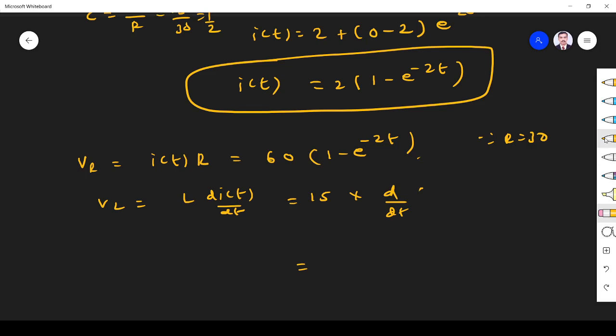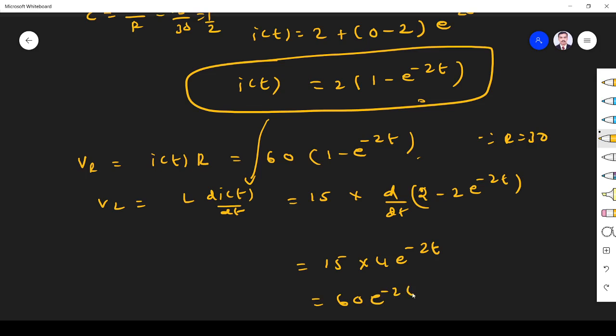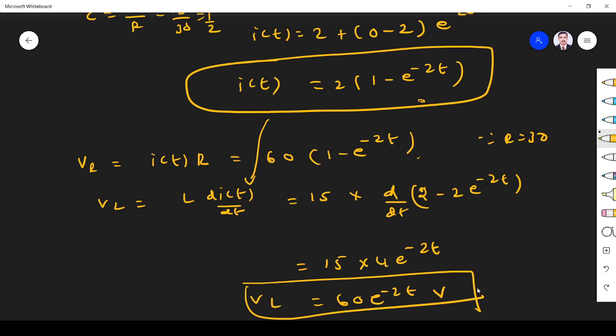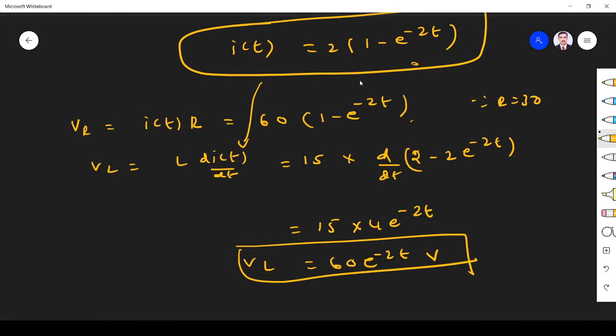So di of t by dt is 2 into, the differentiation of 2 will be 0, so it is 4 into e power minus 2t. So 15 into 4 gives 60 e power minus 2t volt. So VL is equal to 60 e power minus 2t volt. VR is 60 into 1 minus e power minus 2t. Fine.